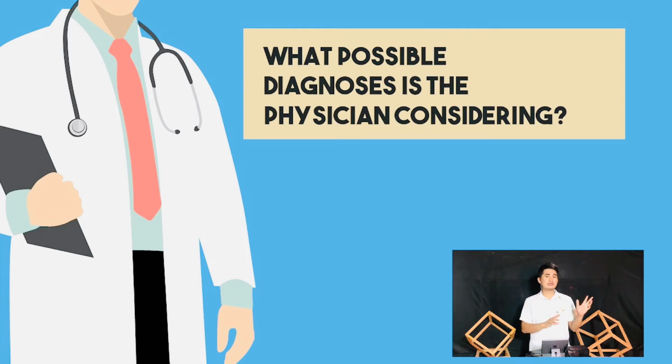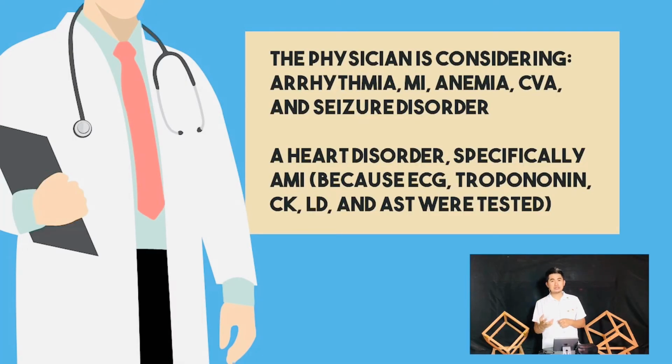According to the data given, the physician might be considering arrhythmia, or abnormalities in the rhythm of the heart, MI or myocardial infarction, or anemia, since the person bled. It could also be CVA or a seizure disorder.